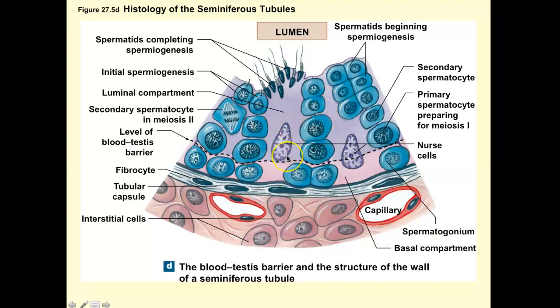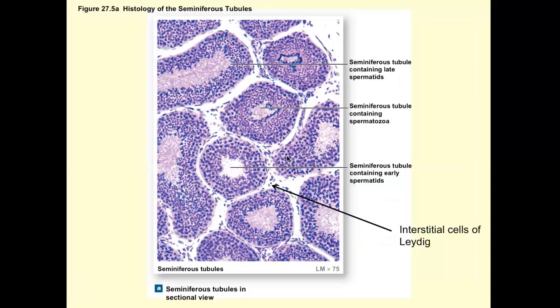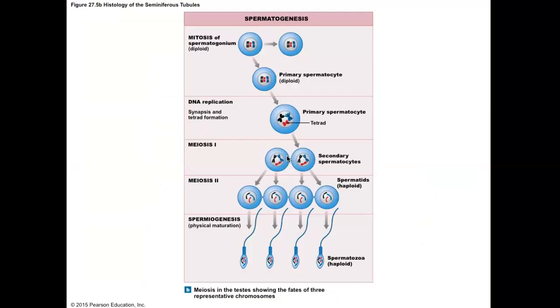So they're going to act as phagocytes and take up that debris. All right. So let's actually go back before we look at the histology slide. So for every one spermatogonium, you get 4 gametes, 4 haploid spermatozoa. Just keep that in mind.